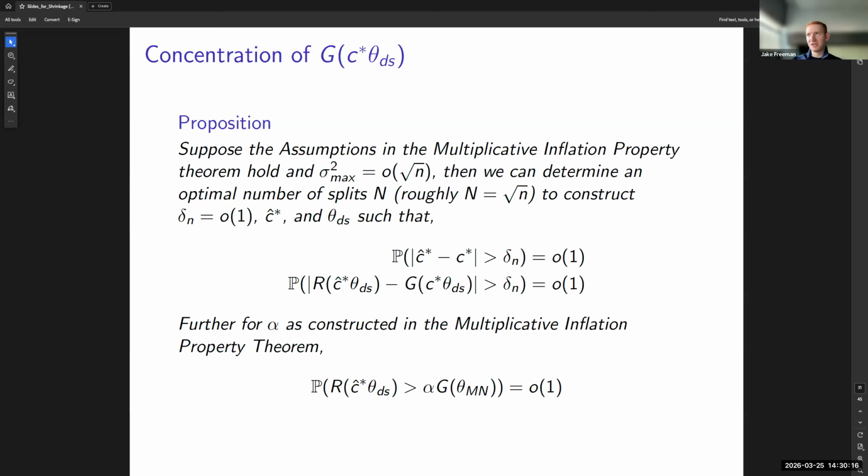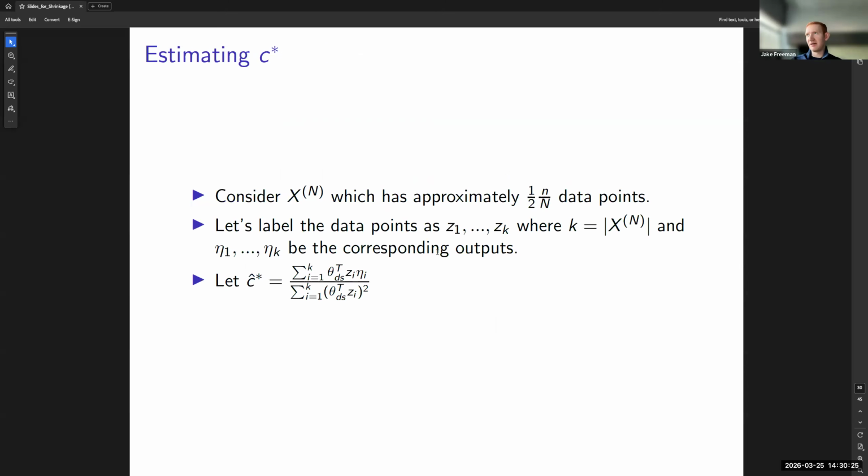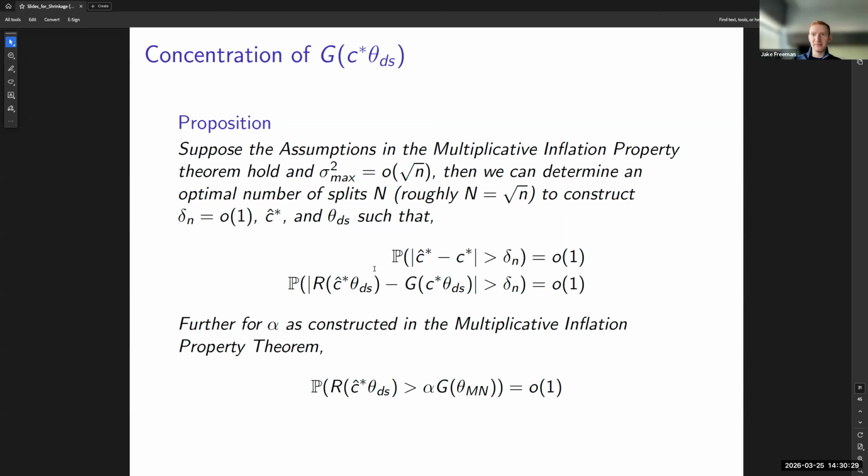Basically, the splits are used to balance the variances of a few different objects. For example, this depends on how many data points are in n over n, but also for some of the things, we need to make sure that the variance of all the different theta mn on a subsample also converges when it sums out. So roughly, it's going to be square root n.